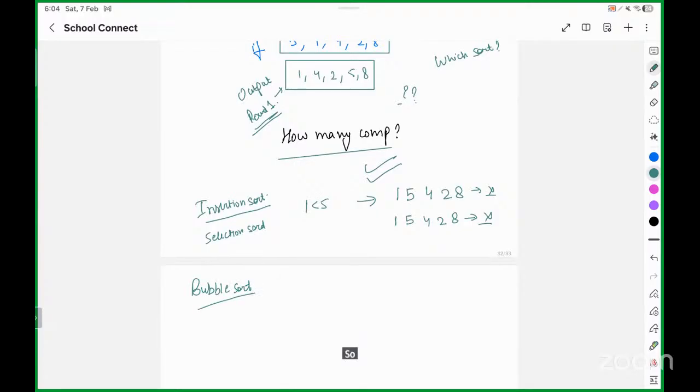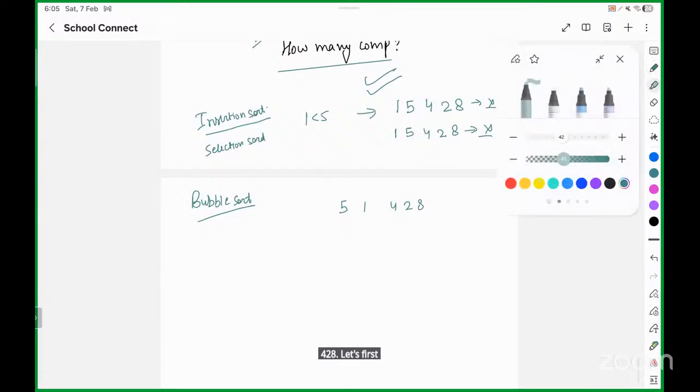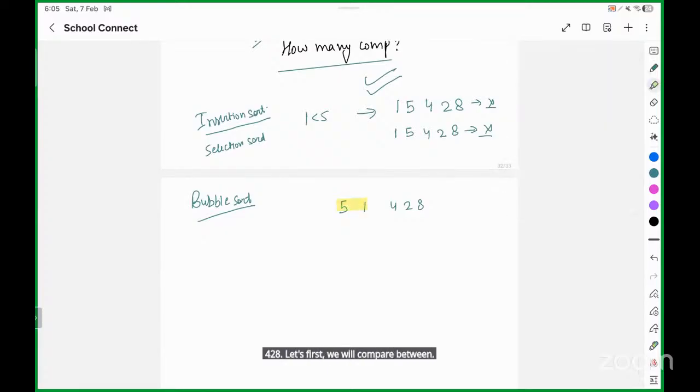So the array given to me is 5, 1, 4, 2, 8. First we will compare 5 and 1, and it will be 1, 5 because 1 is less than 5. So this will be this output. And then we will compare 5 and 4.